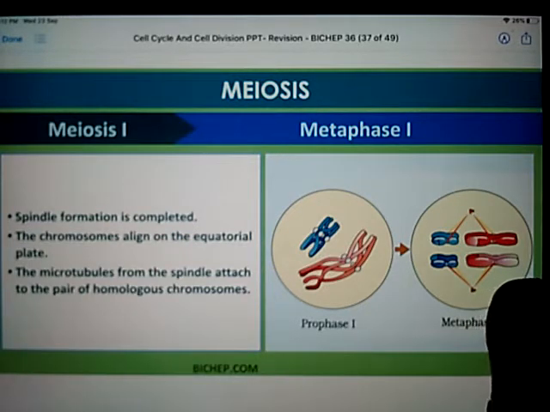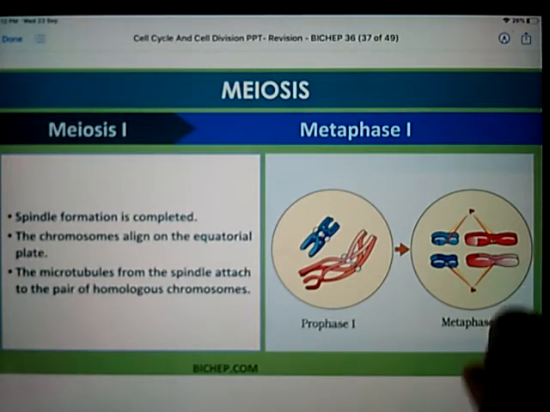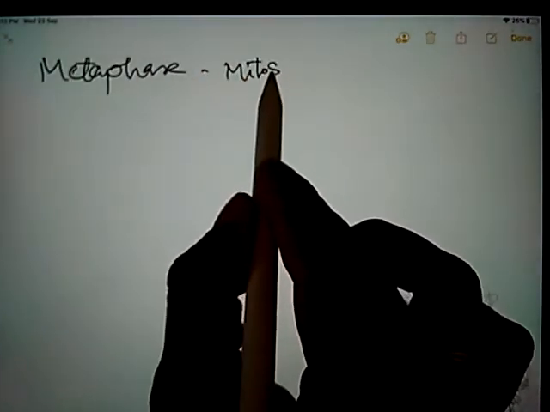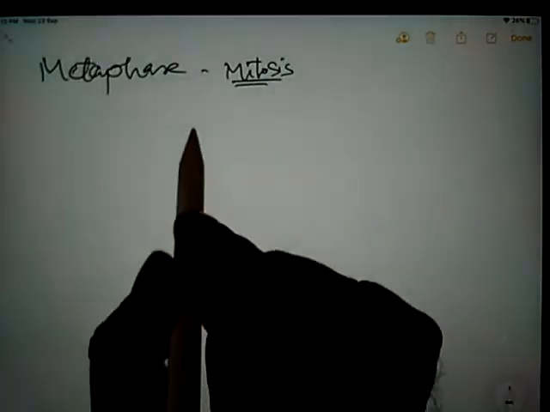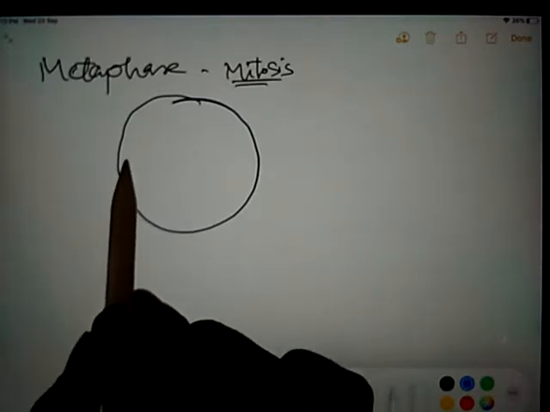Now if I talk about metaphase, metaphase in mitosis and metaphase in meiosis have a large difference with respect to the arrangement of chromosomes. In metaphase of mitosis, when we look at a cell, the chromosomes are arranged in the center.